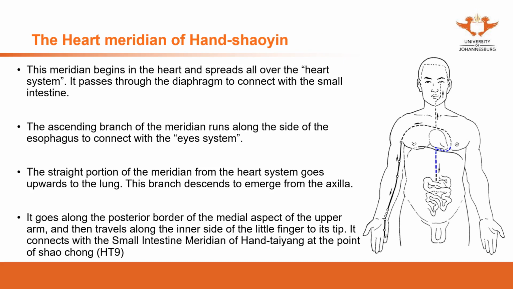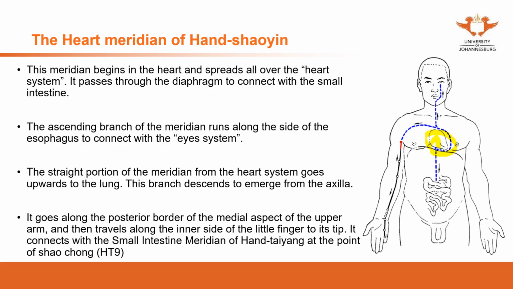The heart meridian. The heart meridian is also a yin meridian. It's a hand yin meridian, so it travels from the chest to the hand. This meridian begins in the heart and spreads over the heart system. So it starts from the heart system, pericardium, all those.